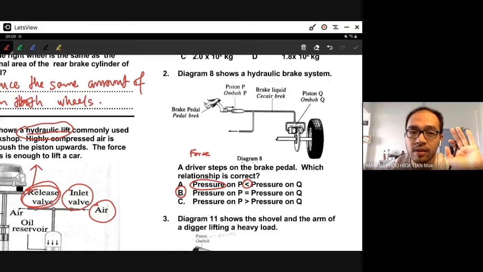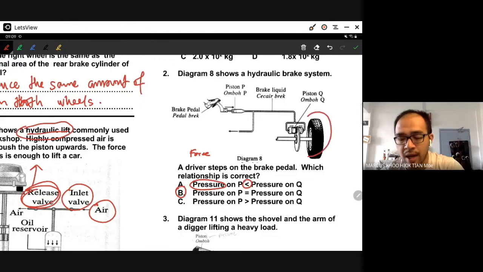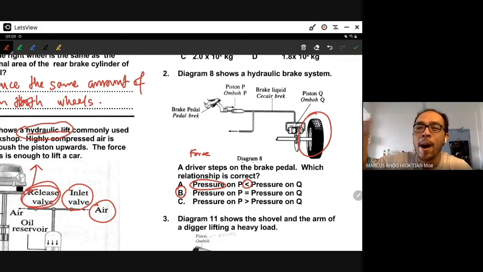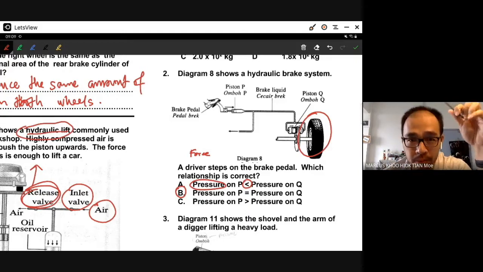So the force on P is less than the force on Q. That is correct because you only press a little; even if you press the brake pedal with all your might, that force is not as much as the force that the car tire is going to experience. So force on P is smaller than force on Q is correct.